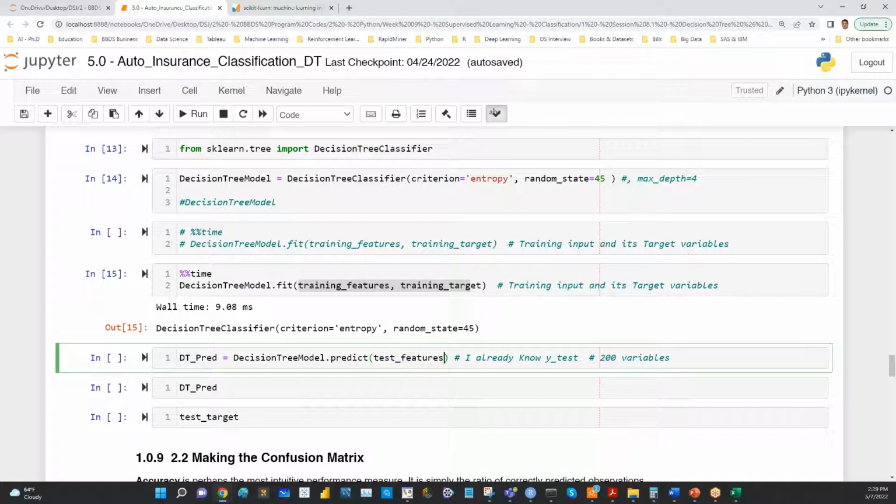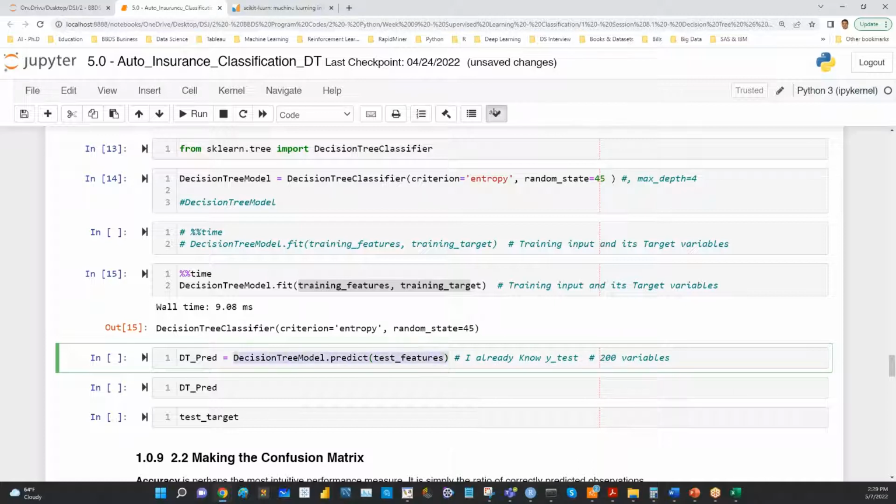That's why we did not include the Y test, test underscore target. We did not compare. So this is our X and Y. So we are going to test the model on everything except the target variable.